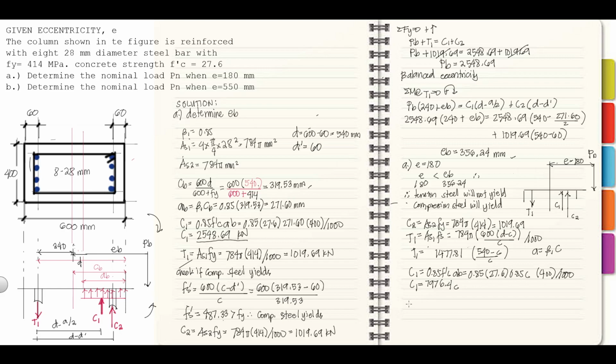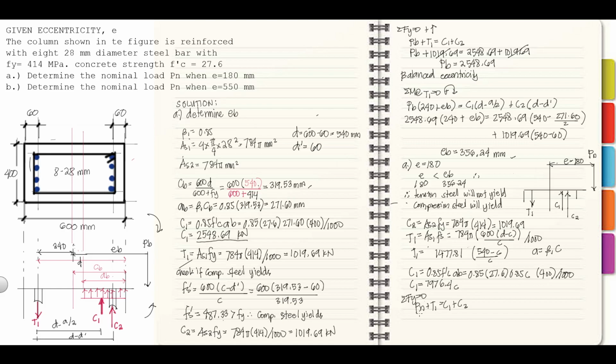So for our PN, ang PN natin ngayon is, from the formula, summation of forces along y is equal to 0. PN plus T1 is equal to C1 plus C2.